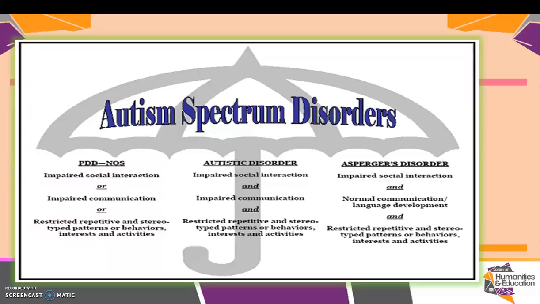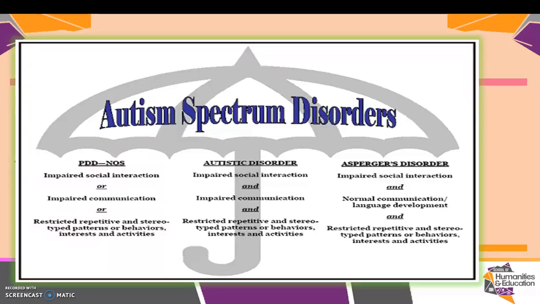So there are no blood tests, no single defining symptom, and no physical characteristics that are unique to autism. So clinicians, psychologists, or medical practitioners must use careful observation of behavior to determine whether a student's difficulties are related to autism or are better described by another condition.